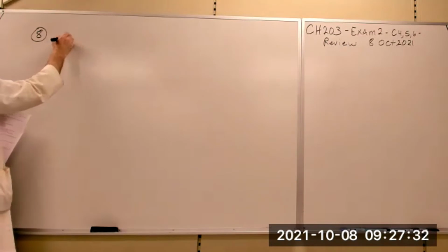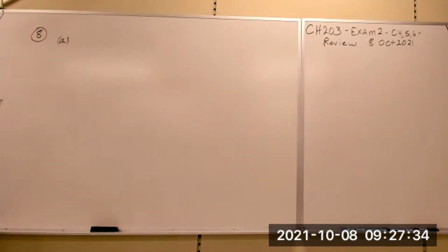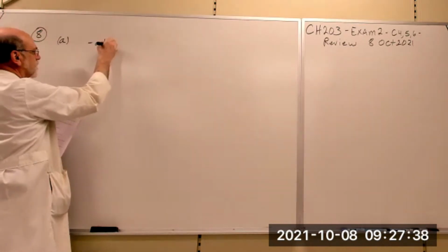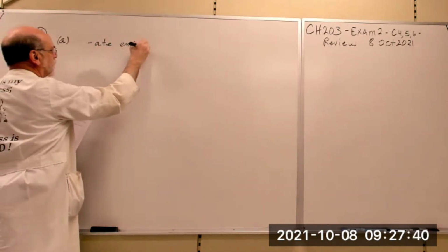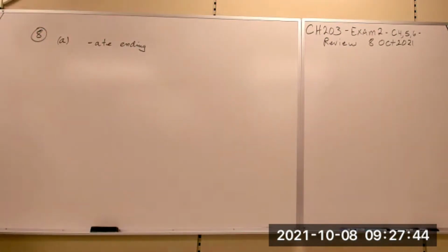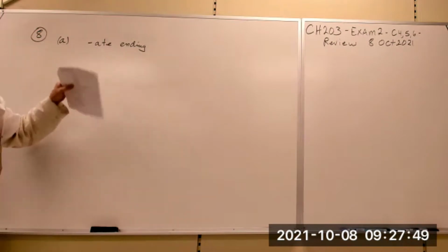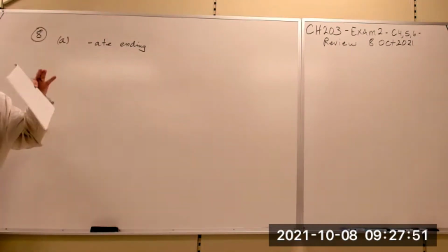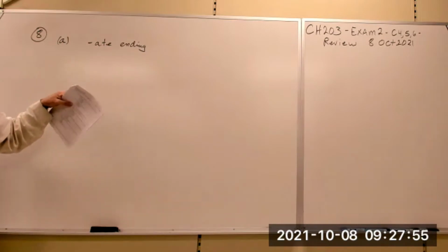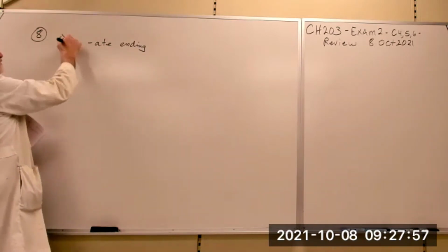So the first choice is all have names which end in ATE. Is that correct? No. They're all over the map. There's ATE, ITE. Some of them even have prefixes, hypo and ITE. Right, so that one's false.